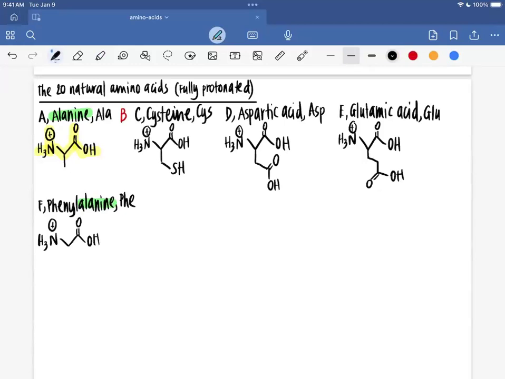So we have the backbone and the methyl group that make up alanine. And now we're going to incorporate the phenyl component of the name by drawing our ring here. And so you could use the circle to represent the aromaticity there, or we can also just directly draw the double bonds.